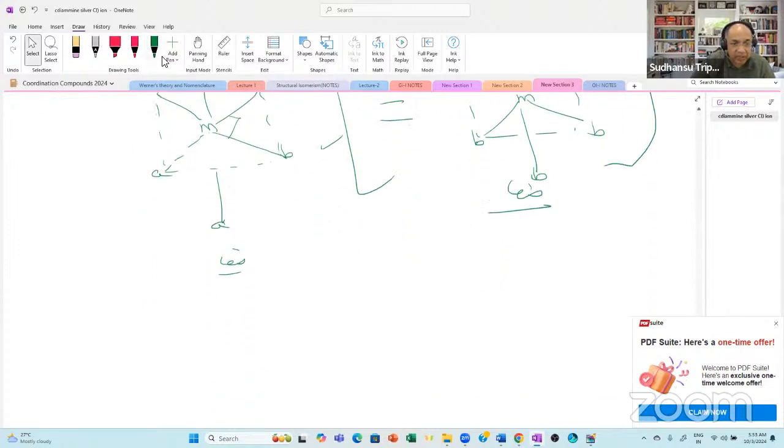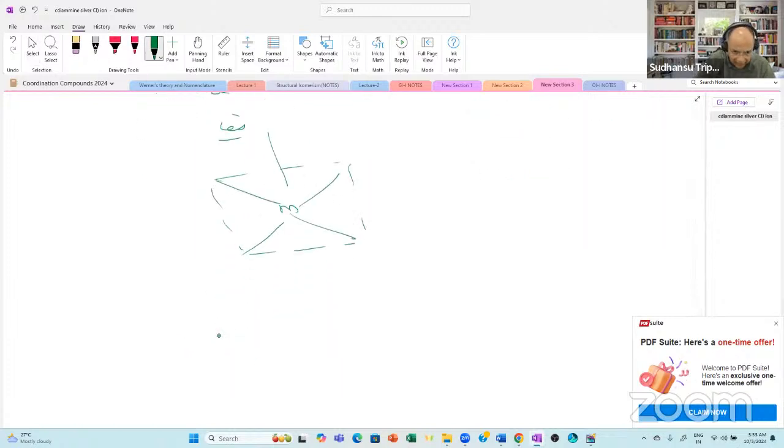And when BB remains opposite, draw the schematic diagram of an octahedron like this as I am drawing. Then supposing BB I will be keeping here. No worries. These 2 positions are opposite. These 2 positions are opposite. These 2 positions are opposite. There is no fixed position opposite.